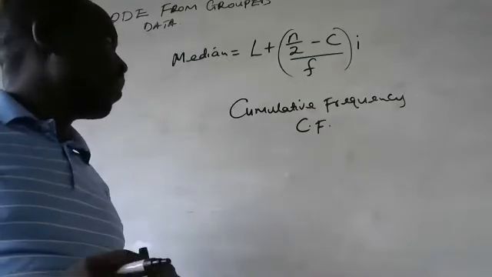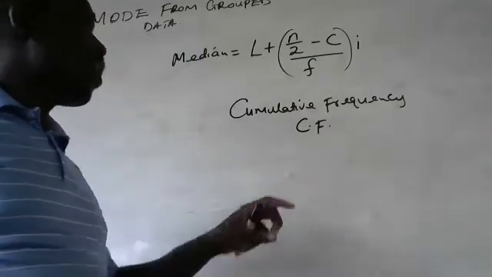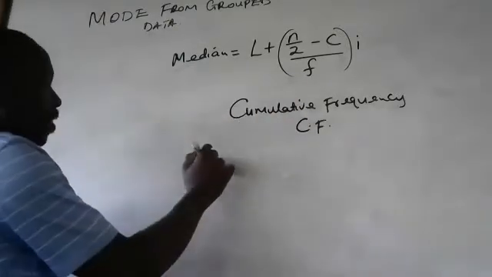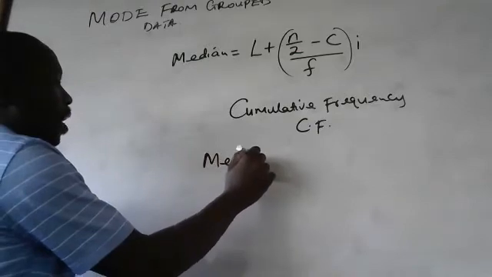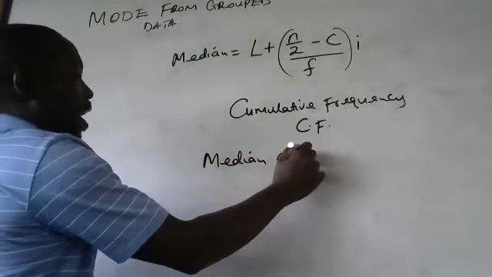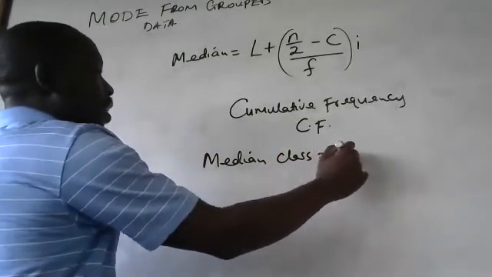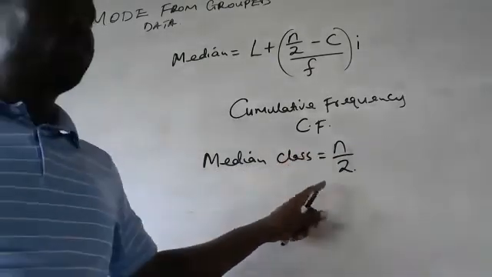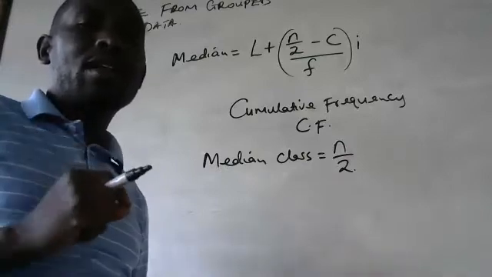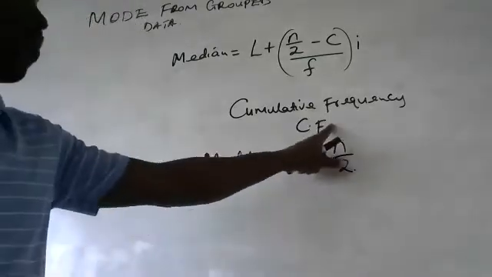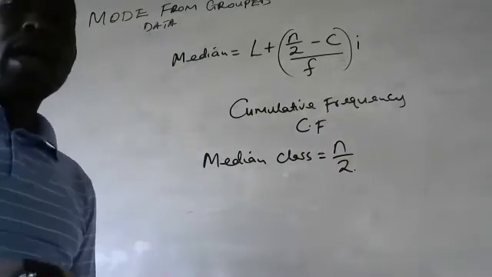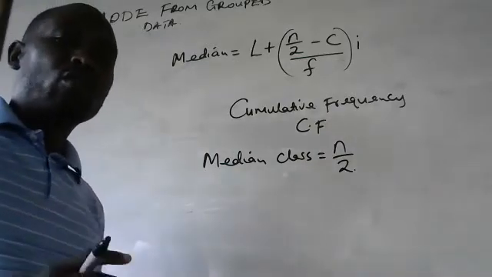So, in this particular question for the median, after getting the total frequency, you can locate the median class. The median class is obtained by dividing the total frequency by 2, so that now you can take that particular value to the cumulative frequency to determine the class where the median value is going to lie.